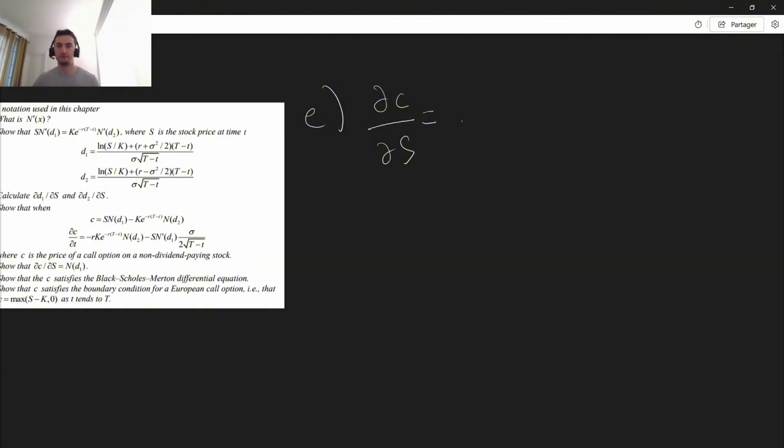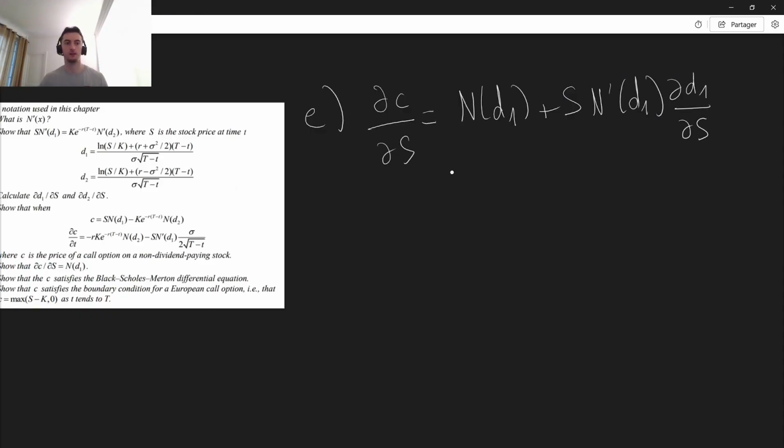So we have N of d1 plus S, and again here, N prime of d1 with the chain rule, d d1 divided by S, and then minus K exponential of minus r (T minus t), and here again chain rule, N prime of d2, d d2 with respect to S.